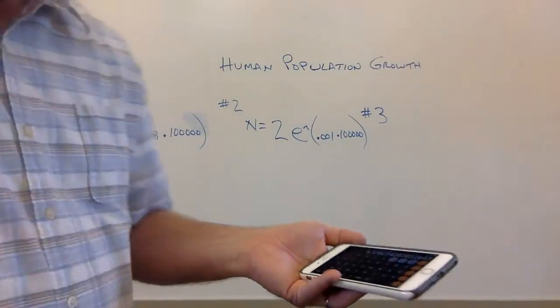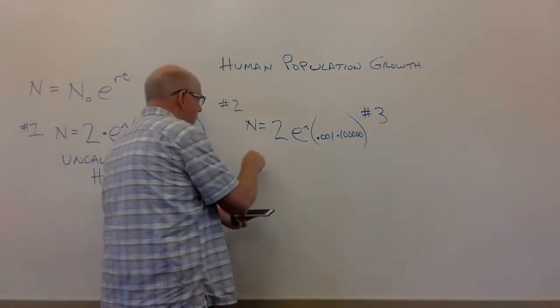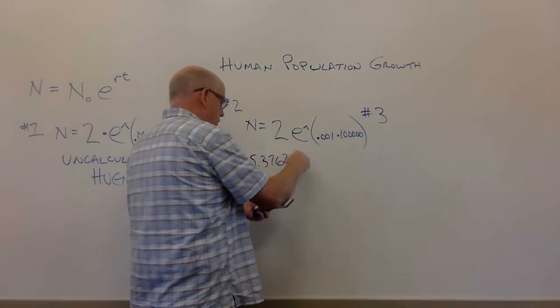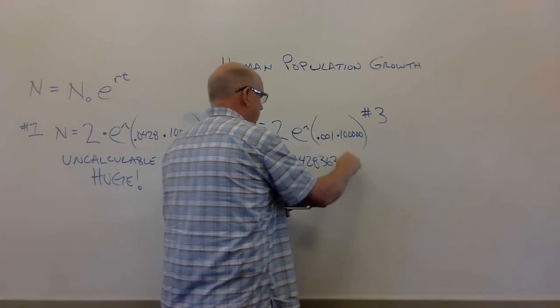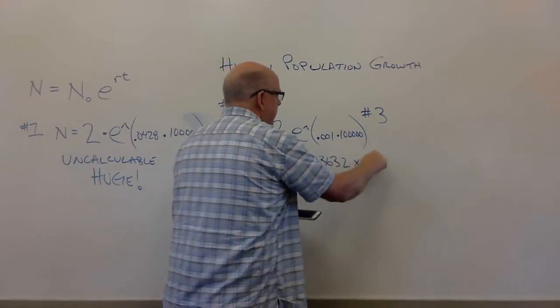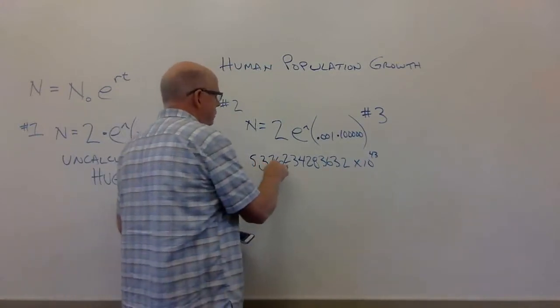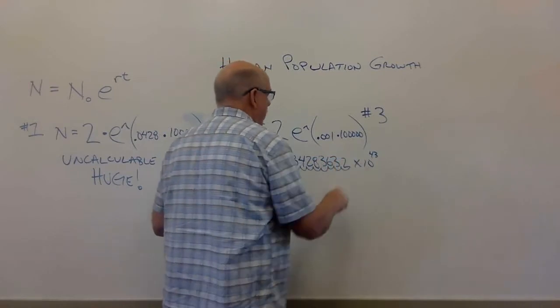So now we have 5.3762342833632 times 10 to the 43rd. That means I have to take this and go 1, 2, 3, 4, 5, 6, 7, 8, 9, 10, 11, 12.